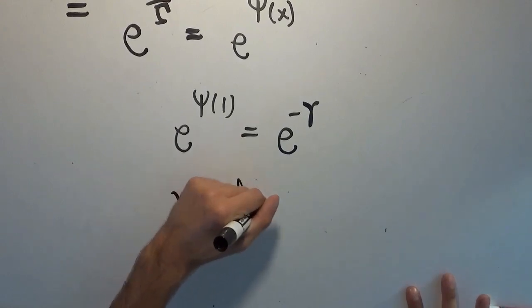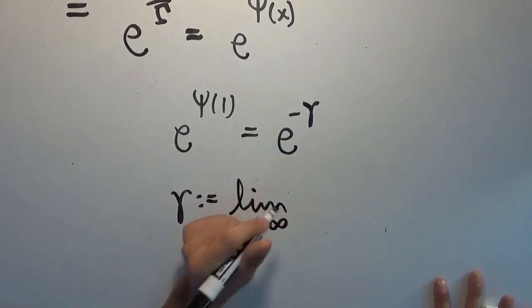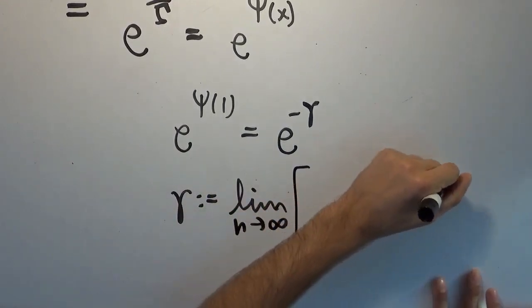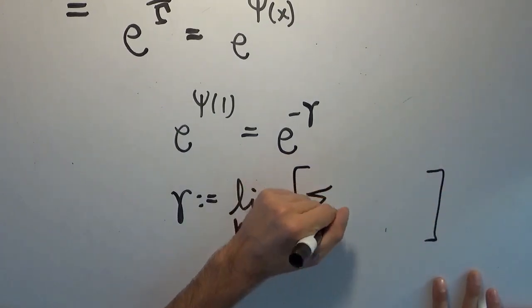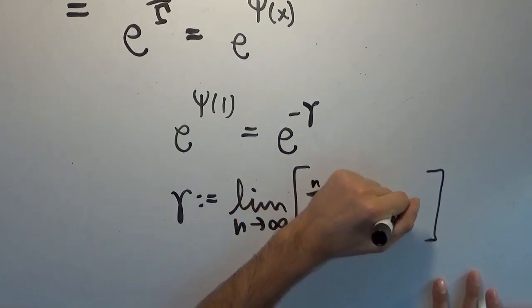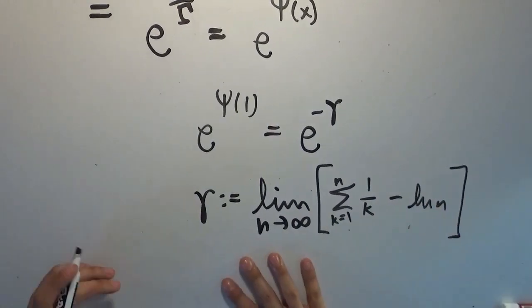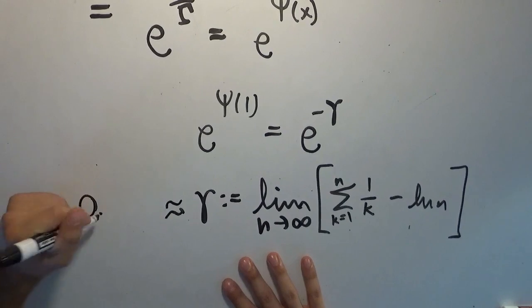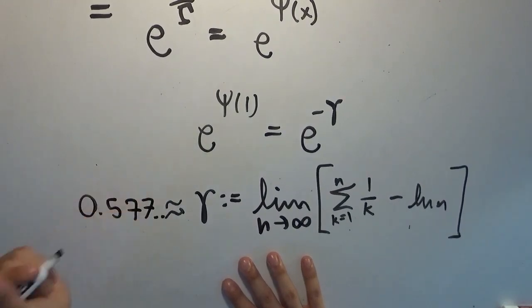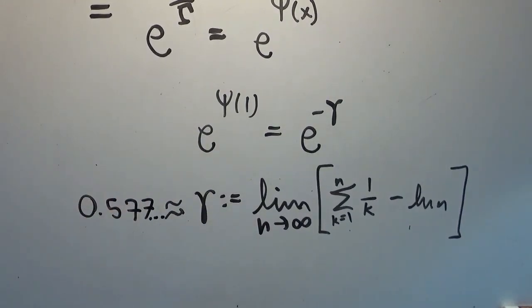It's defined to be the limit as n approaches infinity of the limiting difference of the harmonic series and the natural logarithm. This diverges and so does this, but their difference converges to a value which is about 0.577, right? Yeah, it's around there, 0.577 or something like that.